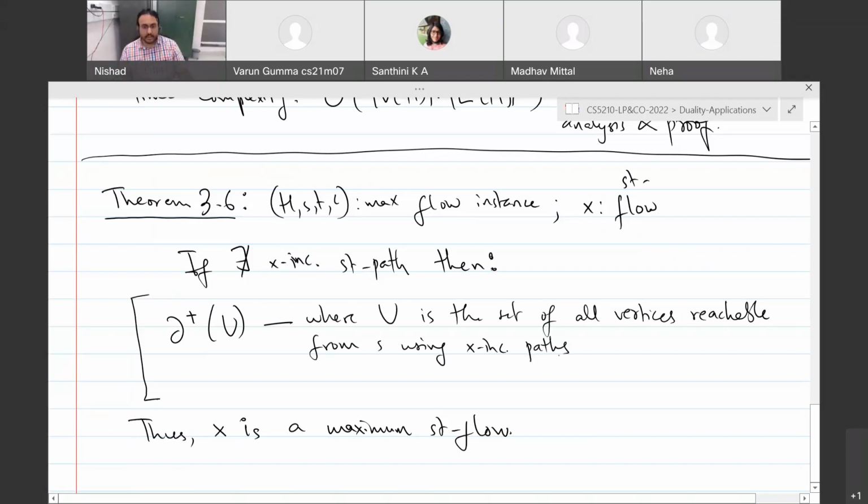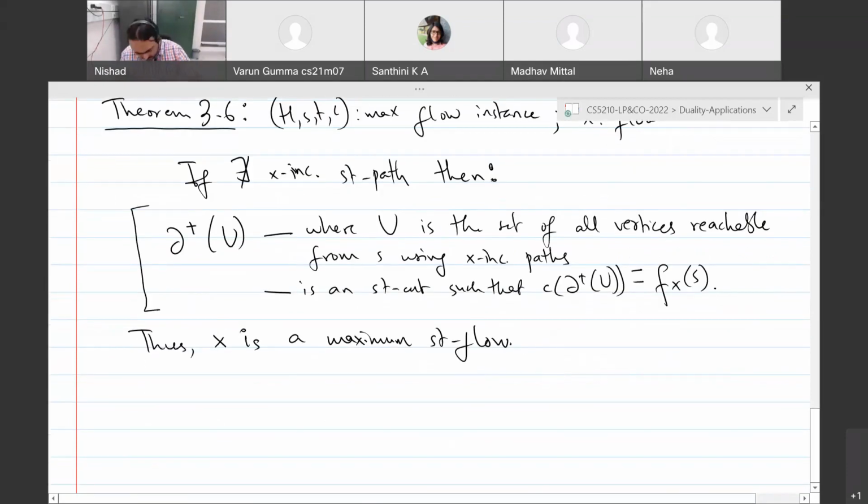By assumption, T will not be in this set, and we showed that this is the desired ST cut, whose capacity is exactly equal to the value of our flow. That in particular proves that the given flow is a maximum ST flow. In fact, I should say it is an ST dicut, to be very clear.